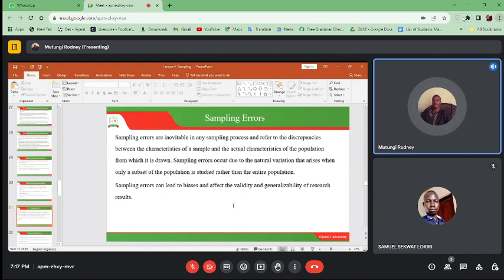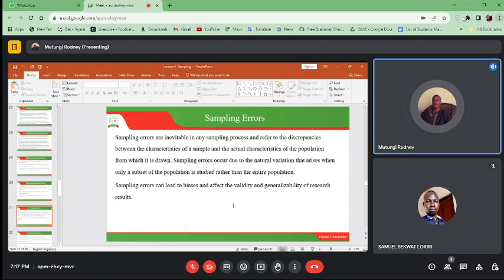So we've been talking about sampling errors, and now it is time for us to go deeper into them. These are basically inevitable when you are doing research or when you are doing this monitoring and evaluation, and they occur due to natural variation that arises when only a subset of the population is studied rather than the entire population.